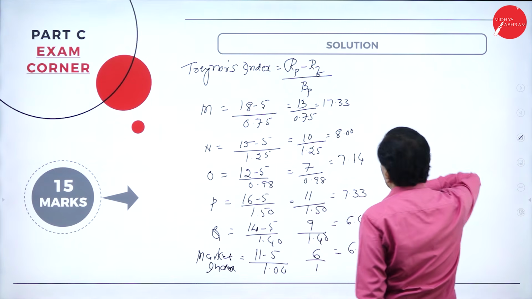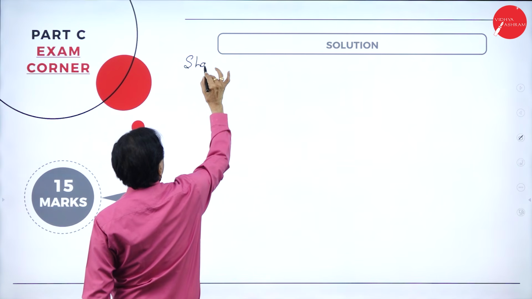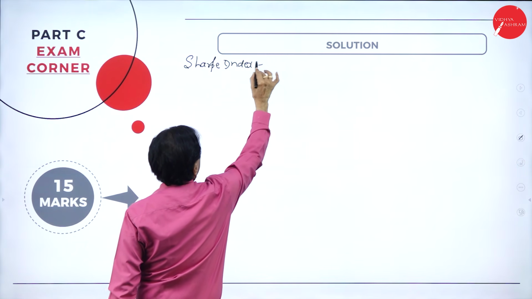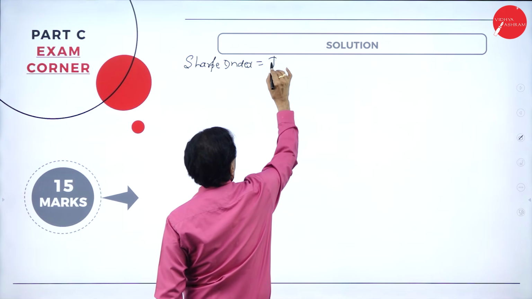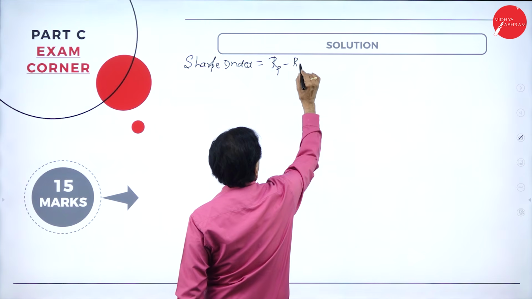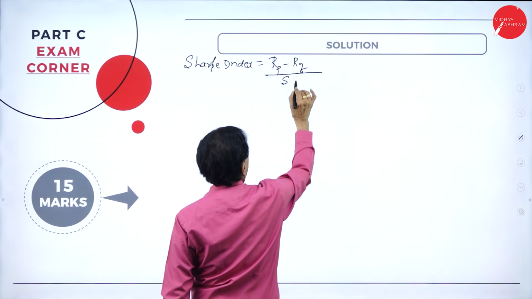Then Sharpe index is equal to RP, return on portfolio, minus risk-free return divided by standard deviation.